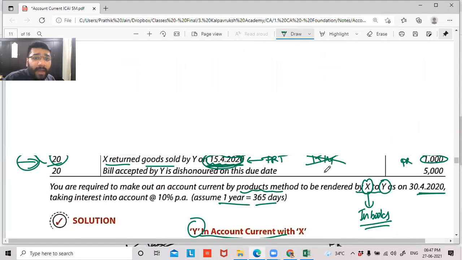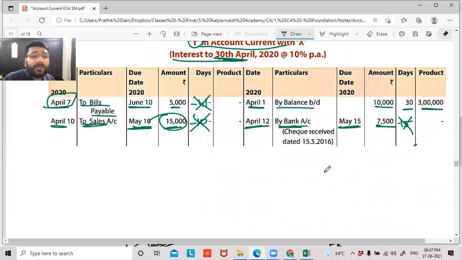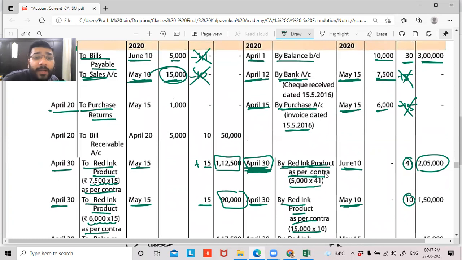Coming back, guys. So X returned, so this is a purchase return. On April 20, the purchase return is happening, to purchase return. Due date will be, guys, please highlight this, the original purchase transaction's due date. The original purchase transaction due date is 15th May. So the same 15th May, you'll take it. Amount is 1,000 rupees.